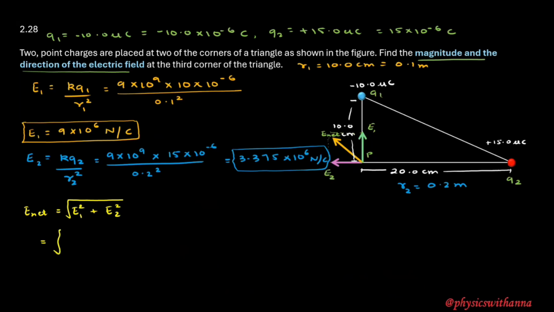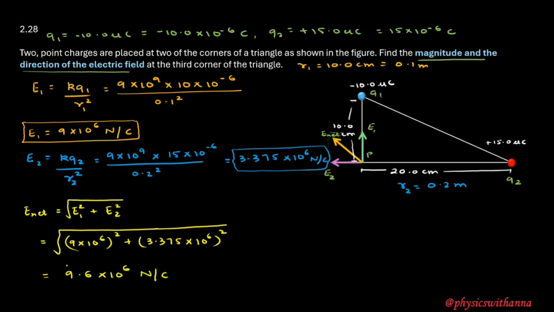That will be equal to square root of 9 times 10 to the power 6 squared plus 3.375 times 10 to the power 6 squared. Make sure you take the square of the power also along with the number. That gives you the net electric field to be 9.6 times 10 to the power 6 Newton per coulomb.